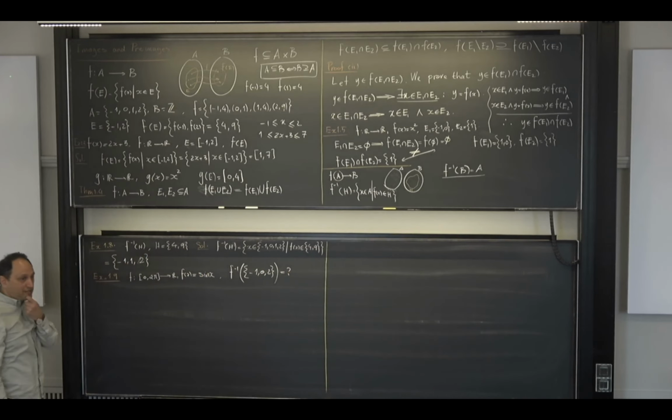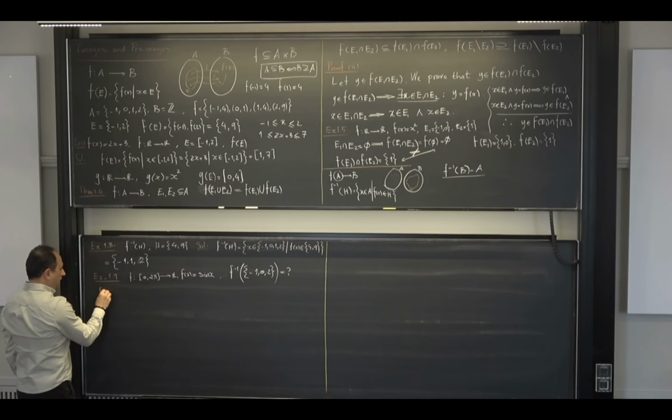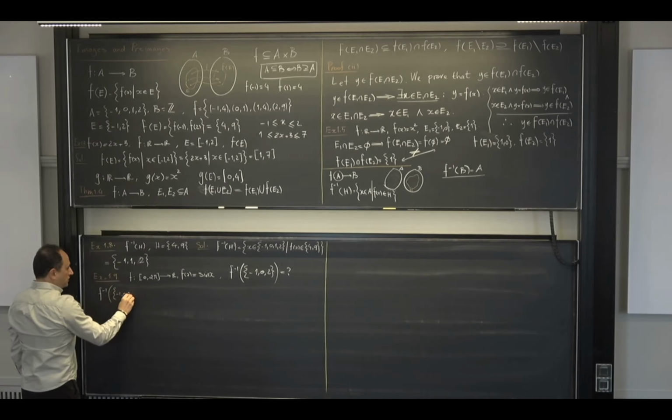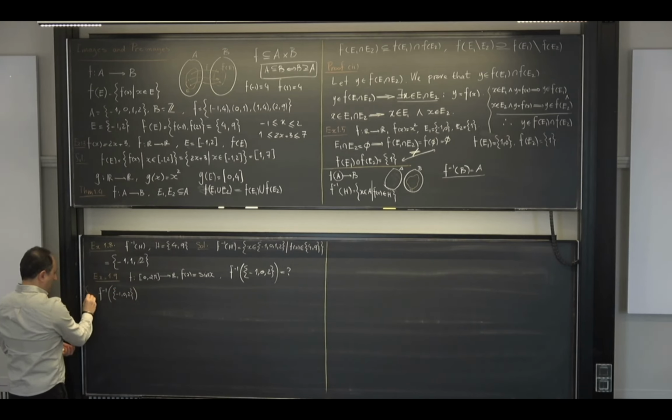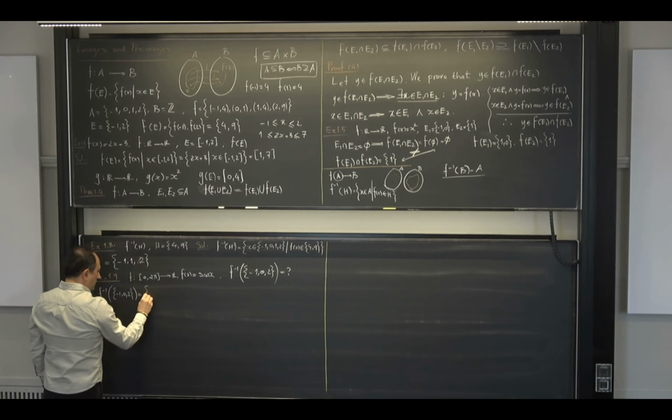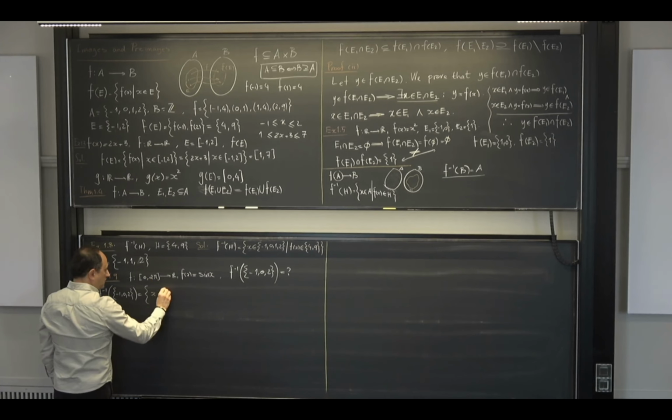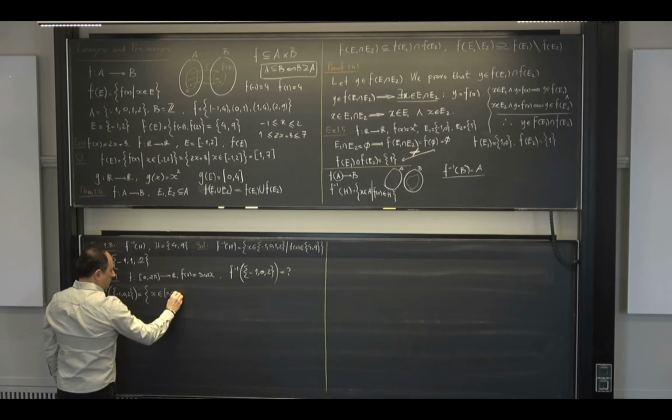Okay, so how should I answer this one? Let me write the definition here. So F inverse of that set, -1, 0, and 2, is equal to, first let me put the definition. All x's coming from where? Coming from my domain. In this case, my domain is this.